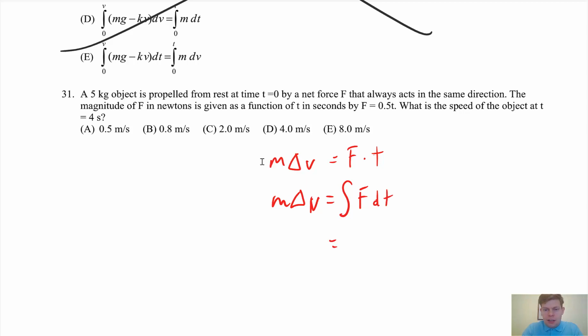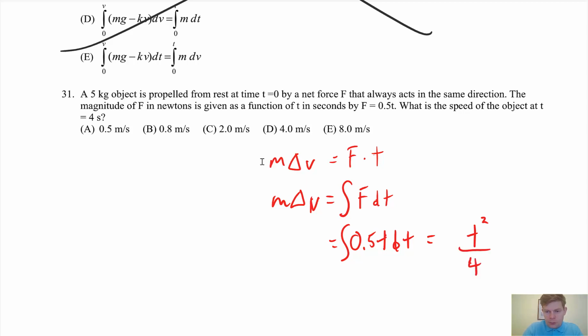So we're going to say the integral of force with respect to time is the integral of 0.5 t dt. Integrate that. We increase our exponent by 1 and then divide by the new exponent. So that's going to equal t squared, and then 0.5 over 2 is 1 over 4.